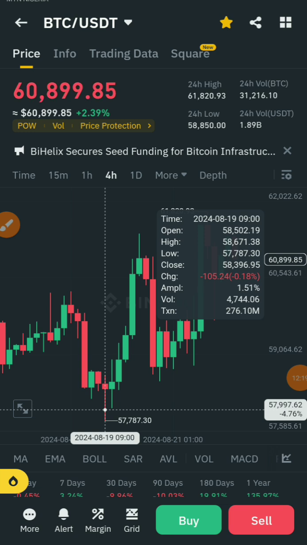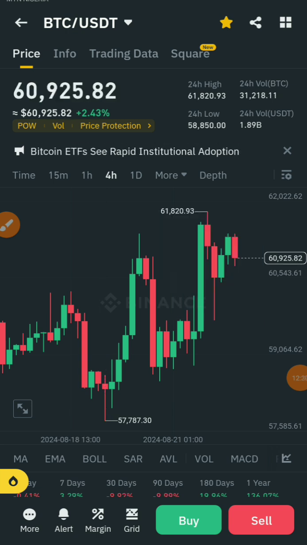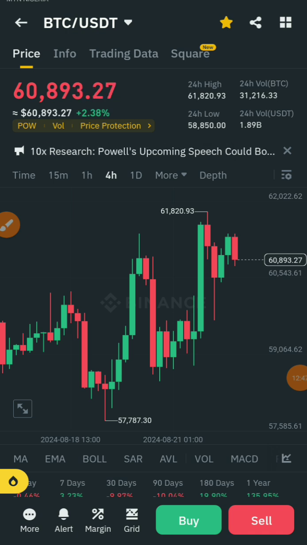You can see it at the right part of my screen here. There's time, open, high, low, close. So the 24 hours high is 58,670. With that being noted, you can place your trade when it's at 57,900, and you begin to see this bullish reversal candle. Then you can place your trade so that when it gets to 58,000 or more, you can sell back to USDT and claim your profits.